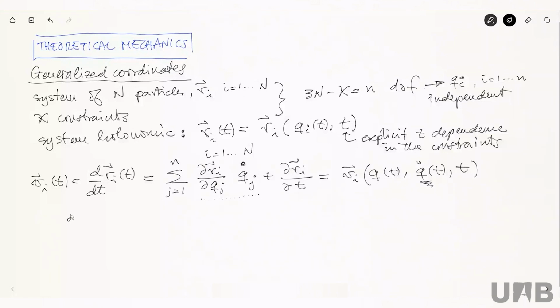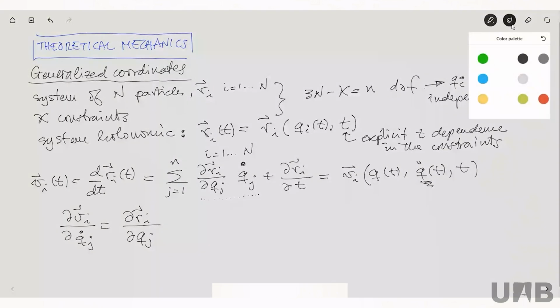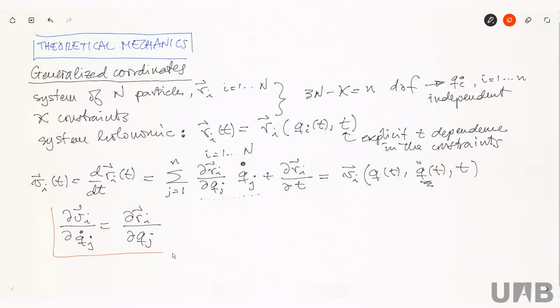Because it says that the derivative of the velocity with respect to the generalized velocity equals the derivative of the position with respect to the generalized coordinate. Okay, and this is a very nice relationship that we're going to use. So we're going to frame it. We frame it because we want to remember it.